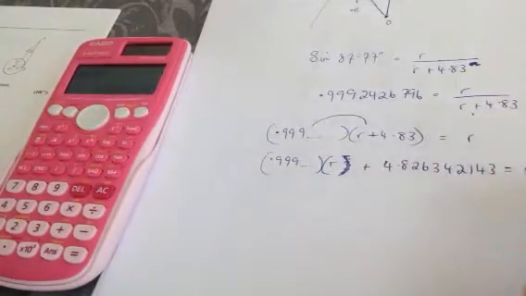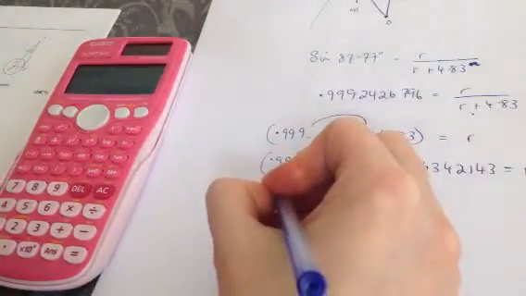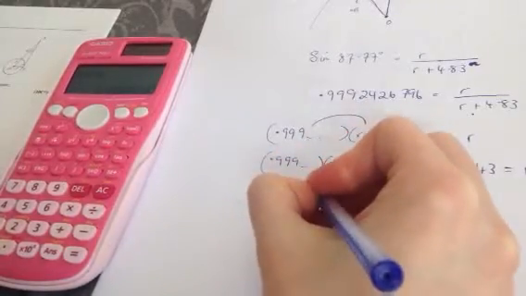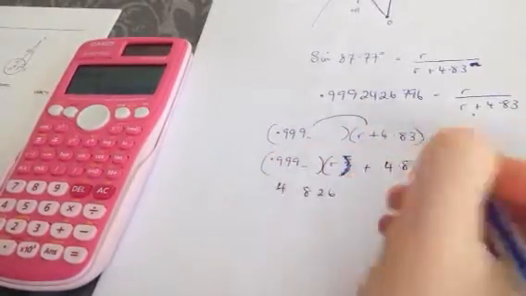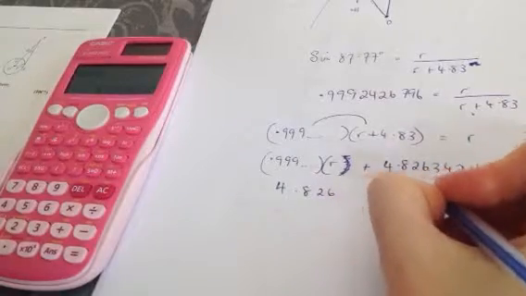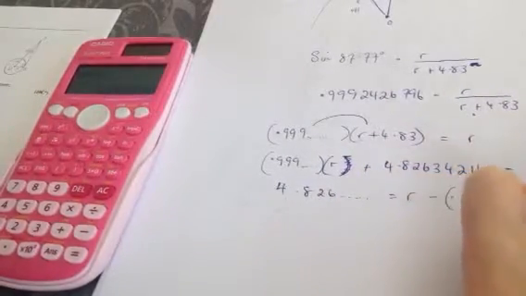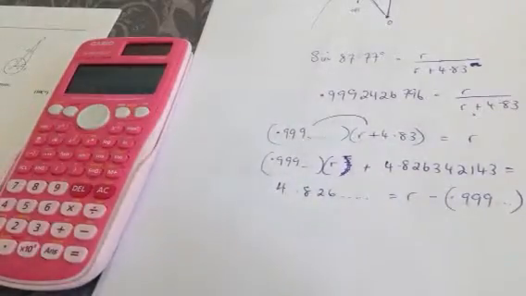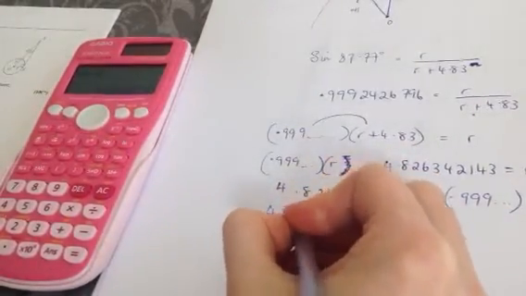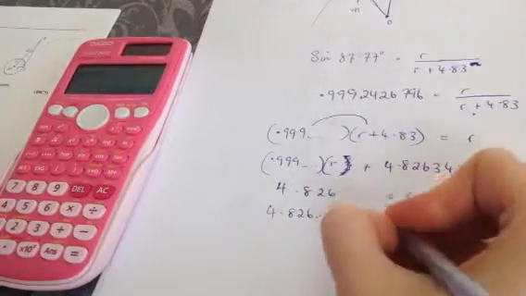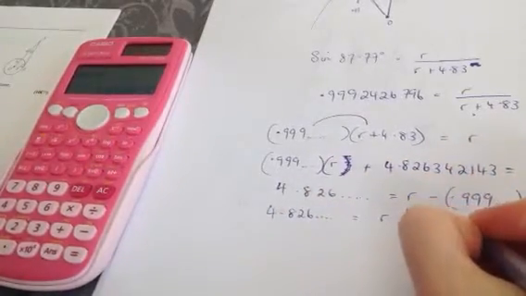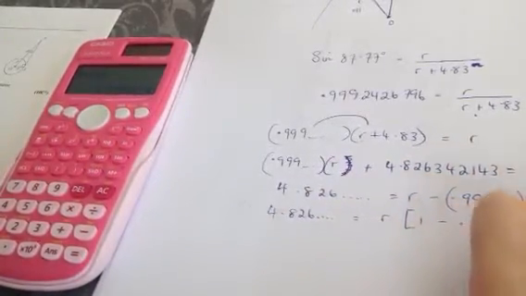I'm going to bring this over. 4.826..., which I have stored, is equal to R minus 0.999... times R. I'm going to take the R out in common. I have 4.826... equal to R times (1 minus 0.999...).